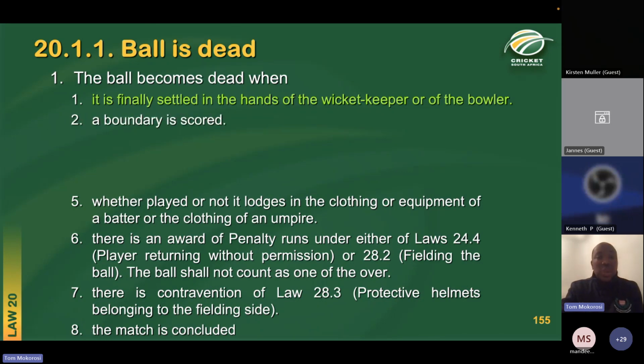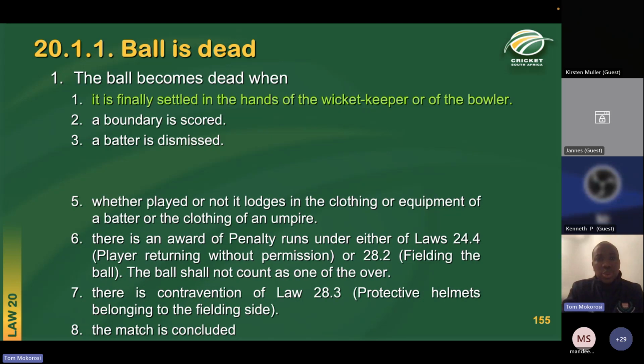The ball becomes dead when a boundary is scored. Nothing further can take place. If it's a boundary 4 or a boundary 6, that is all that will happen in that particular delivery. The ball becomes dead when a batter is dismissed.